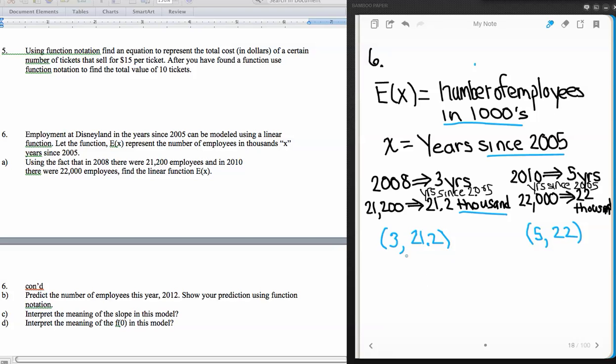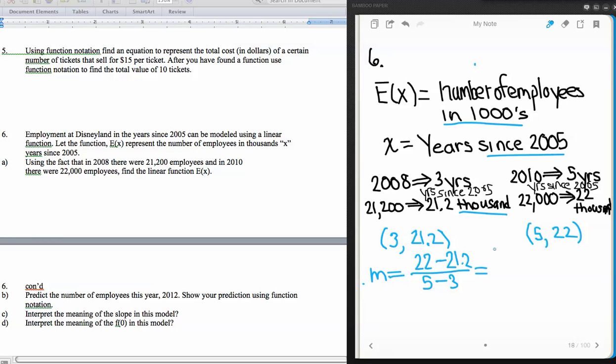So from there, we know 2 ordered pairs, and therefore we can find the slope, or the rate of change for this problem. We're actually going to be using it as a rate of change, but we'll write it like it looks for our slope formula. You take y2 minus y1, and you put that over x2 minus x1.